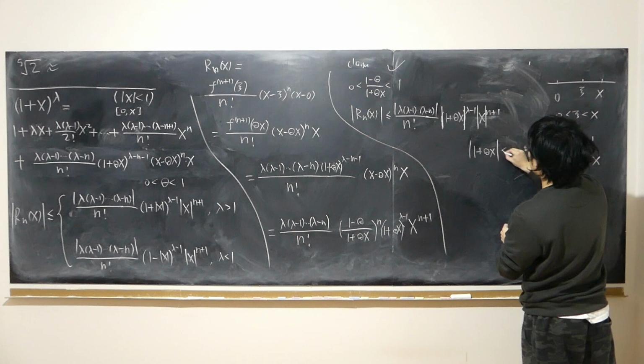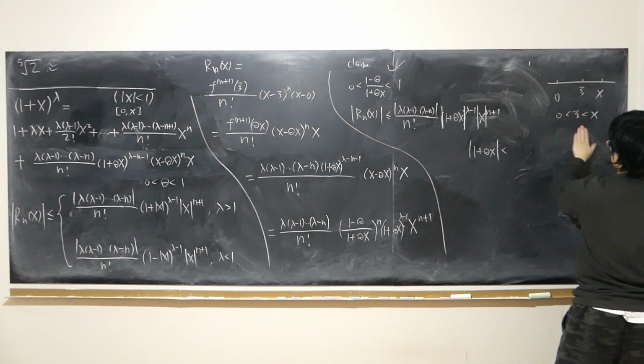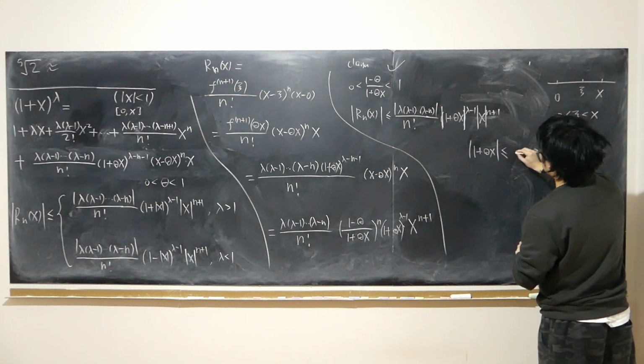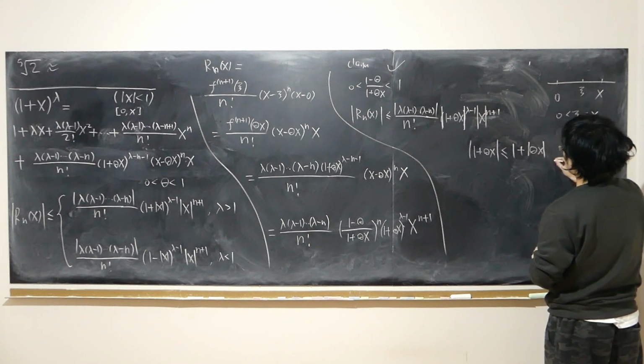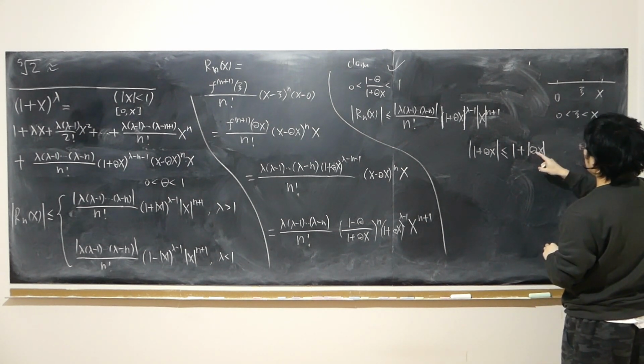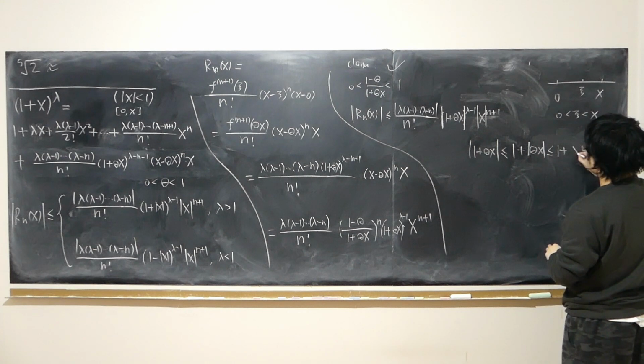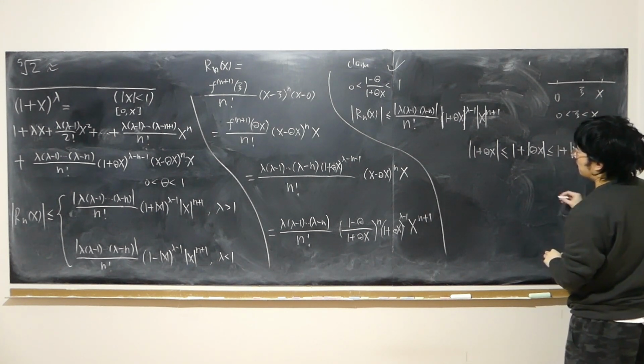So it seems like I can use the triangle inequality. First of all, it's smaller than 1 plus absolute value of theta x. So theta, like I said, maximum it can be just 1. So replace it with 1. No bigger than 1 plus absolute value of x.